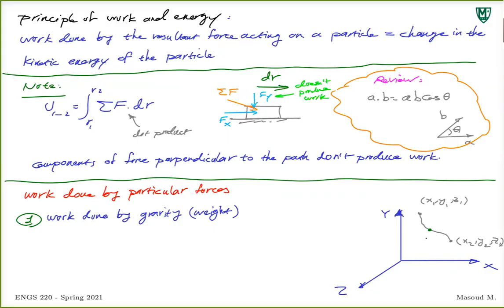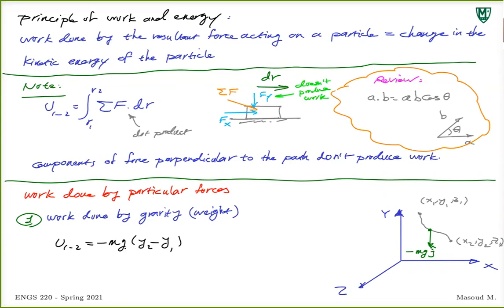Gravity is downward, so this is going to be your gravity. Think about that in the y direction, downward, so it's negative, so it's minus mg j. Just showing it as a vector in Cartesian coordinates. Now the work done by gravity is basically just the integral of the force from 1 to 2. If you do that integral, it's pretty much going downward, and that becomes minus mg times y2 minus y1, going from point 1 to point 2.